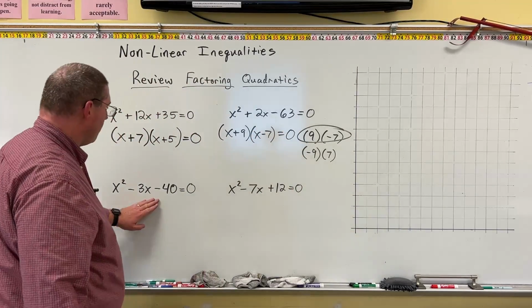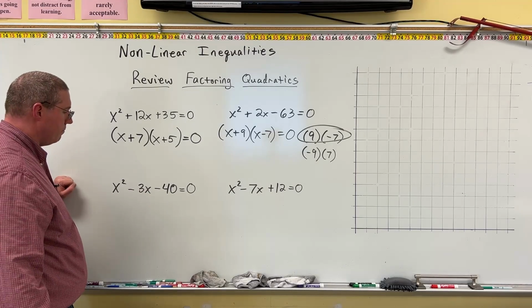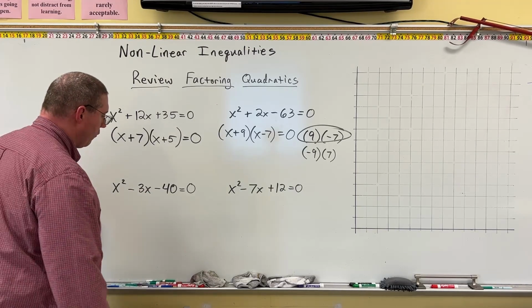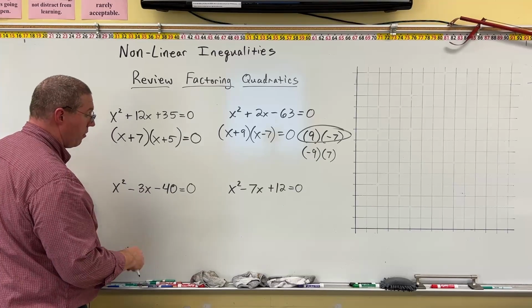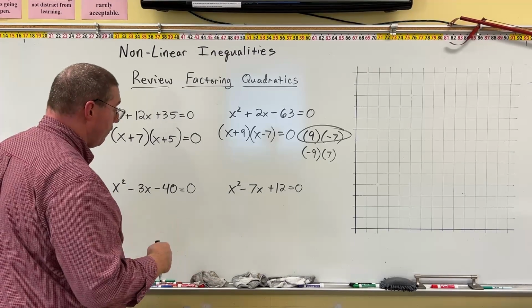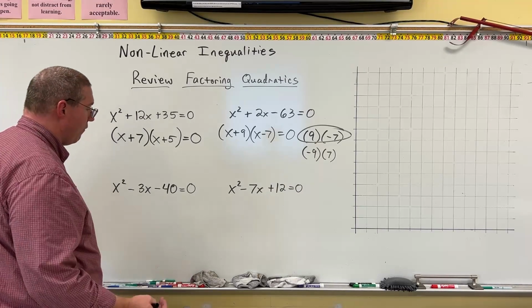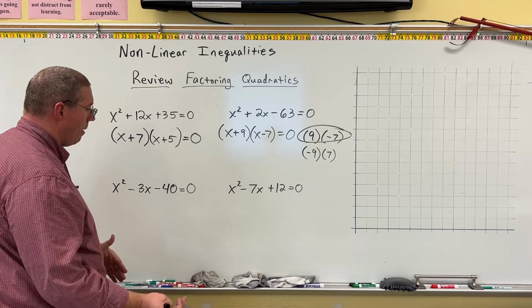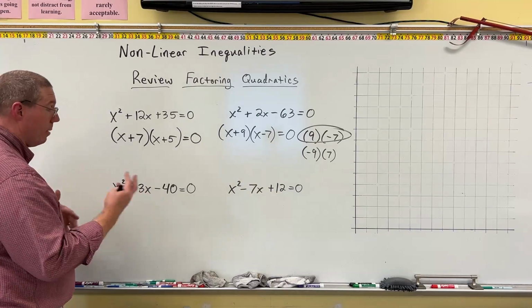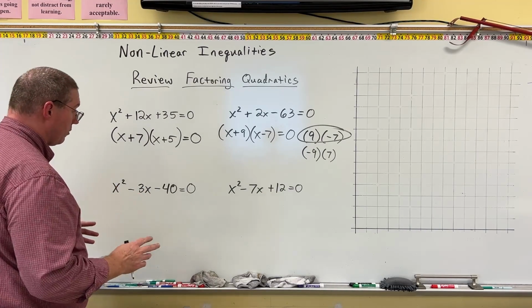You can try this one if you want to pause the video. We're looking for two numbers that multiply to negative 40. There are a lot of choices: negative 4 and 10, 4 and negative 10, 8 and negative 5, or negative 8 and positive 5. A lot of times there are a bunch of pairs of numbers, and you have to pick the right ones.